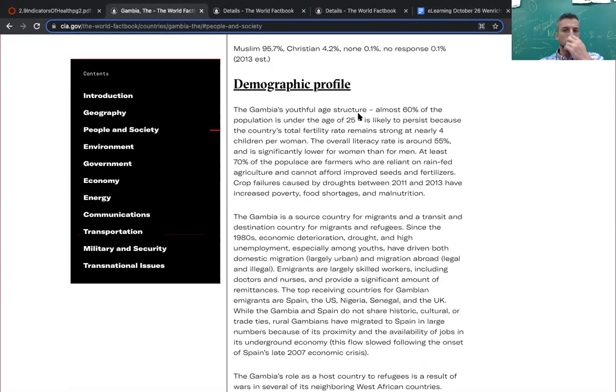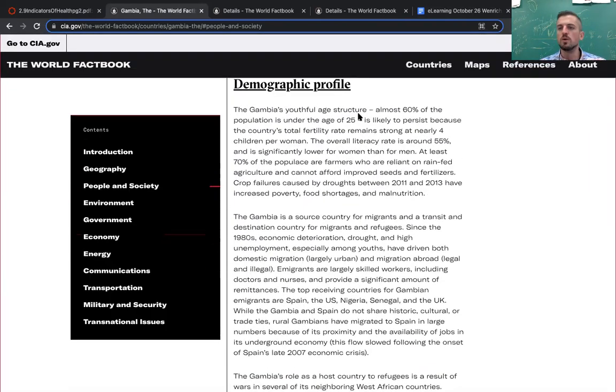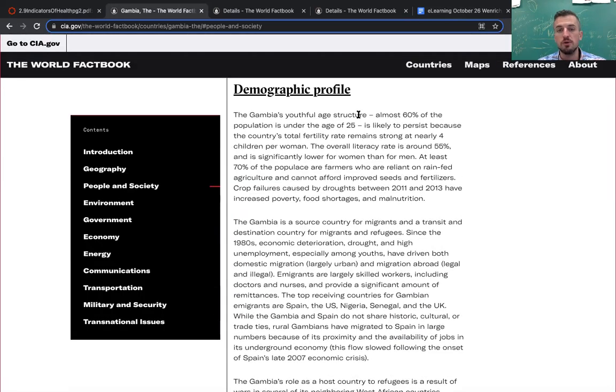And then what you can do is get more details from this. So let's read the demographic profile. Oh no. The Gambia's youthful age structure, almost 60% of the population is under the age of 25, is likely to persist because the country's total fertility rate remains strong at nearly 4 children per woman. Wow. The overall literacy rate is around 55% and is significantly lower for women than for men.